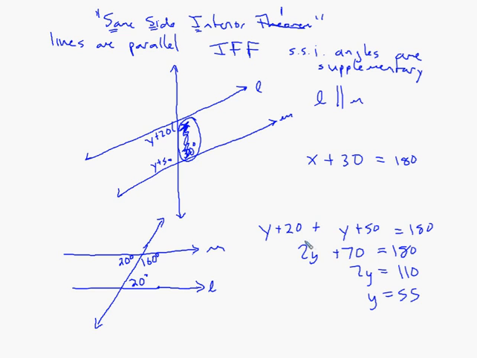Alright. So, questions on the same side interior. Lines are parallel if and only if the alternate exterior angles are congruent.